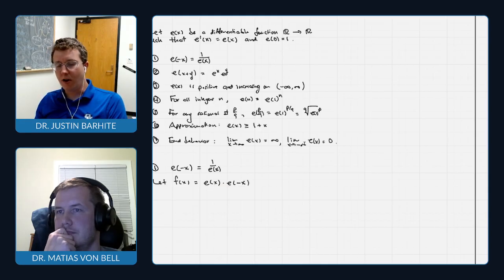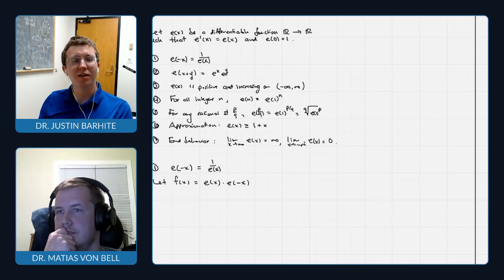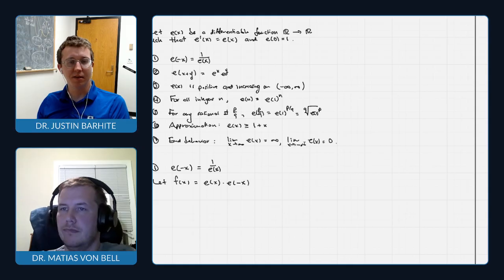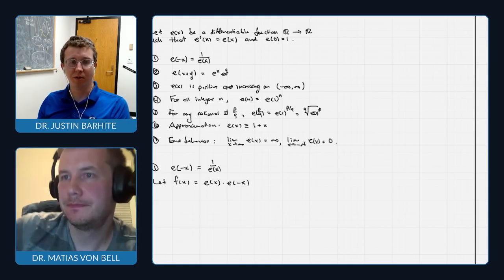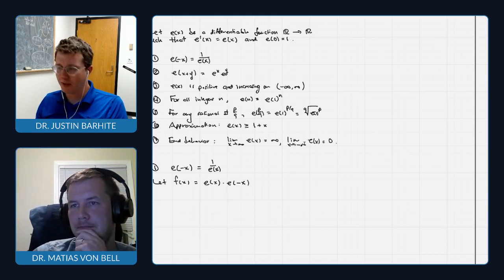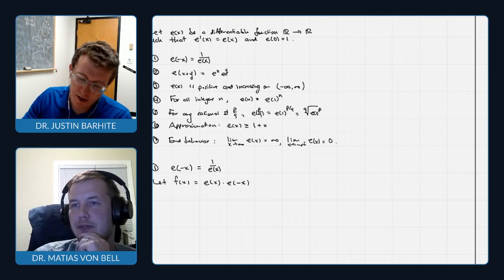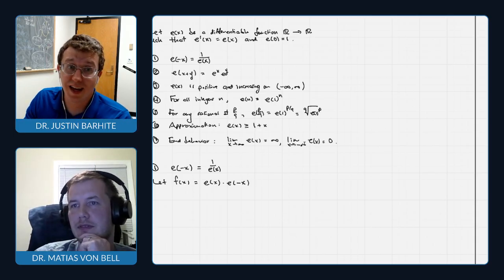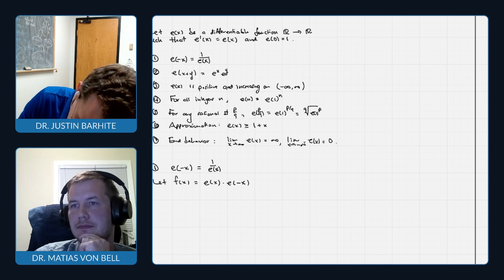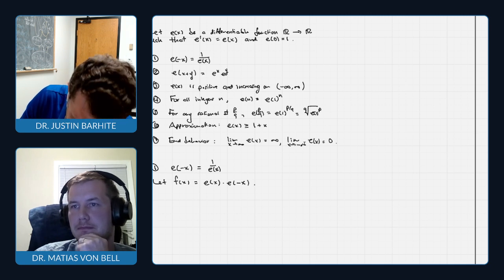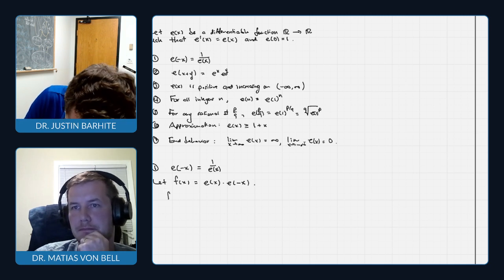Your knowledge of the exponential function should suggest what it will simplify to, right? Or e to 0. So how do I show that? I'm going to look at the derivative.